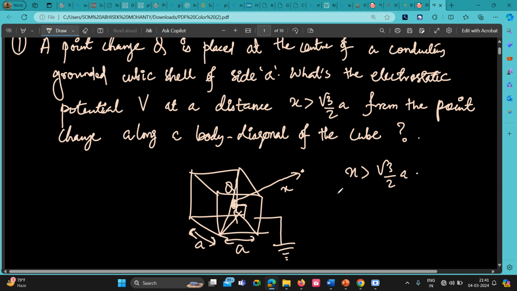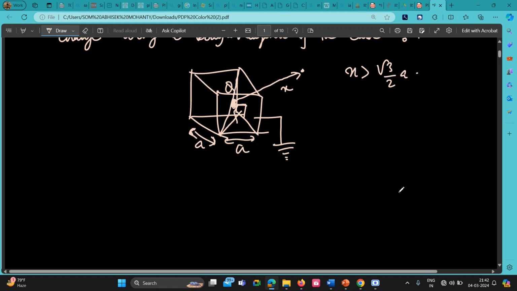Please try this question. The question is, what is the electrostatic potential V at a distance x greater than root 3 by 2 a? I will give you the options. Option A, V is equal to 0.